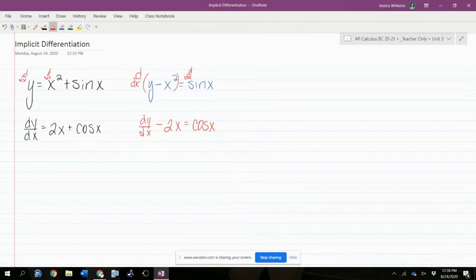All right, that's one thing I wanted to remind you: differentiation is an operation. We're doing it to both sides of an equation. The other thing I want to remind you of before we get into implicit is the chain rule. What if I asked you to differentiate some function squared? Well, you just came out of a bunch of chain rule practice for the past 3 days, so I hope this isn't super scary anymore.